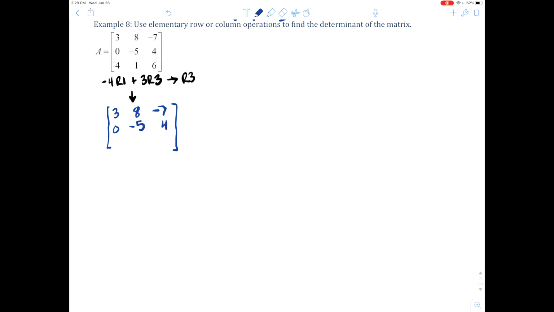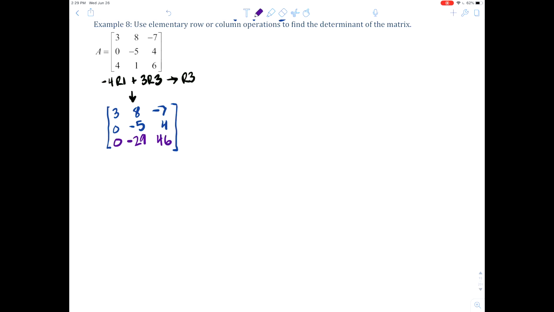And then my new row will be 0, because -12 plus 12 is 0. -32 plus 3 is -29. And then 28 plus 18 will be 46.